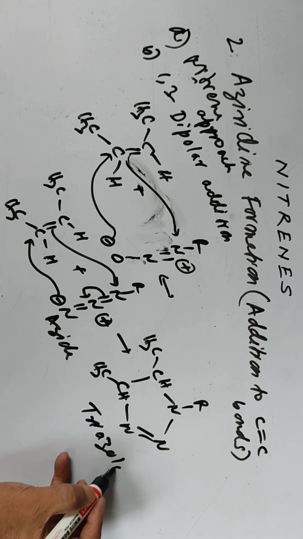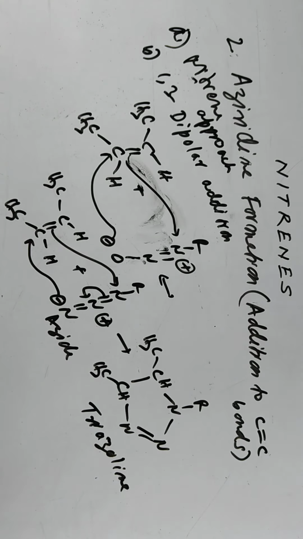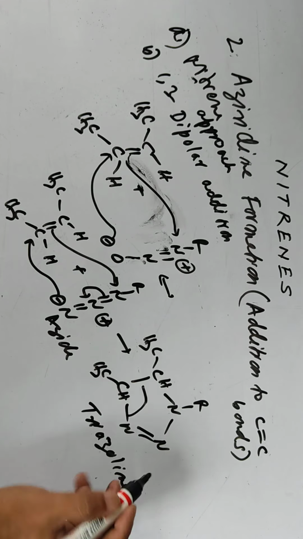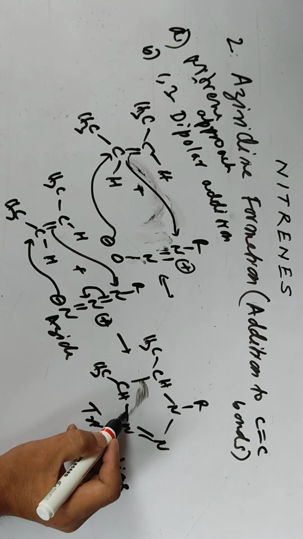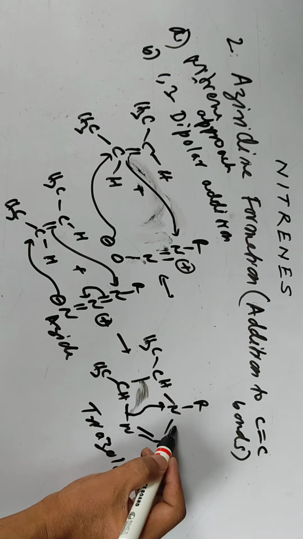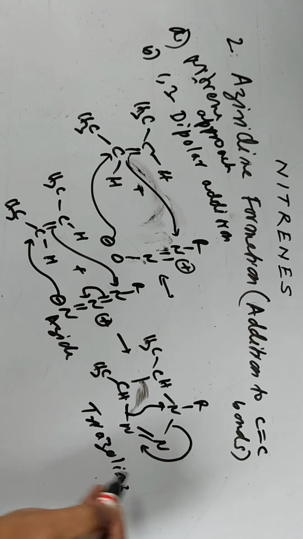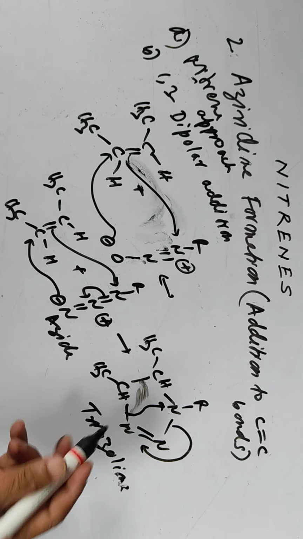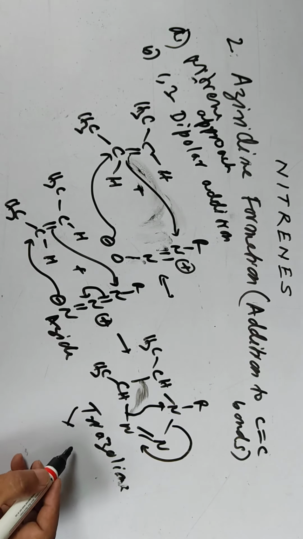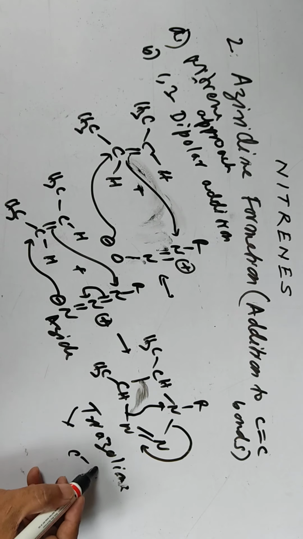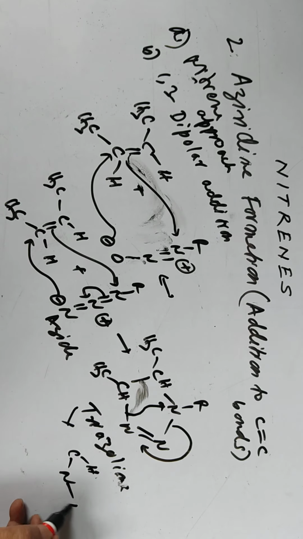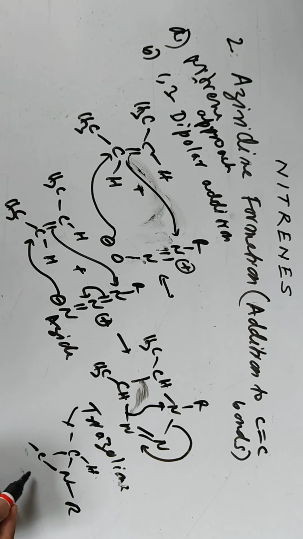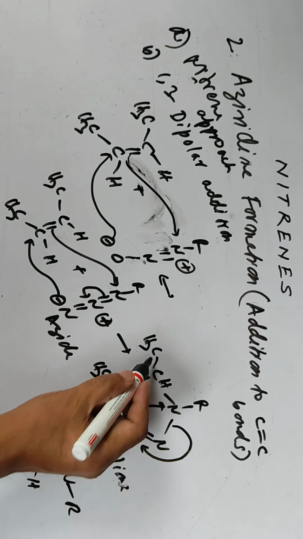The triazolines can be converted. Attack here, and lose this one. So you got the product, this aziridine form, cis, with R here, and CH3 here.